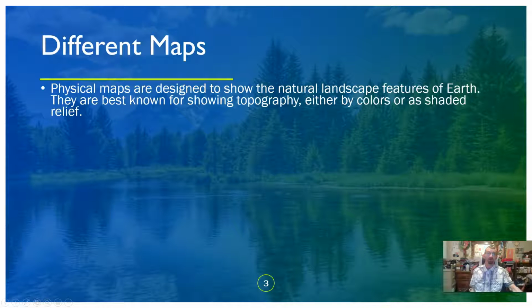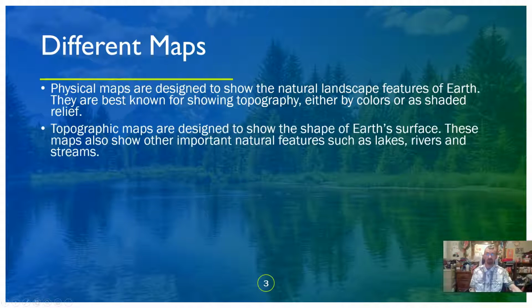These are done by colors and shaded relief, which you'll see as you look at physical maps of this area that we're going to talk about today, and from the image that you saw when you came in. Topographic maps are designed to show the shape of Earth's surface. These maps show the natural features, so things like lakes, rivers, and streams.